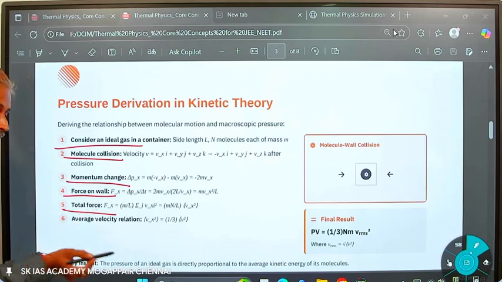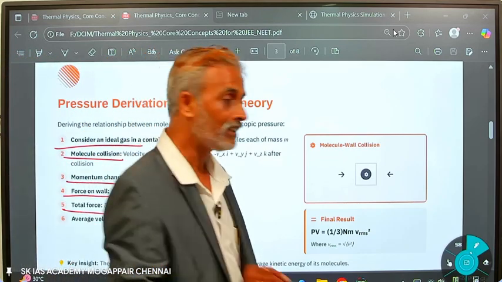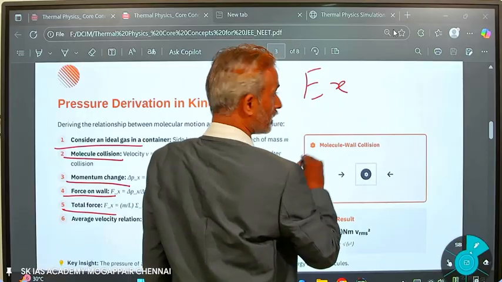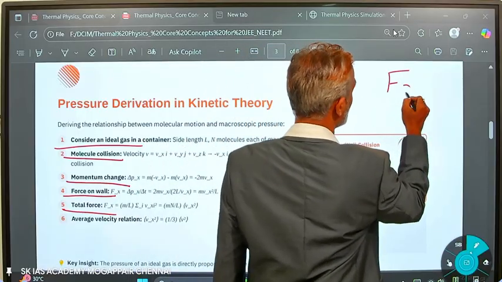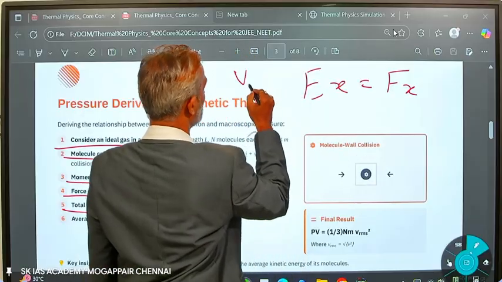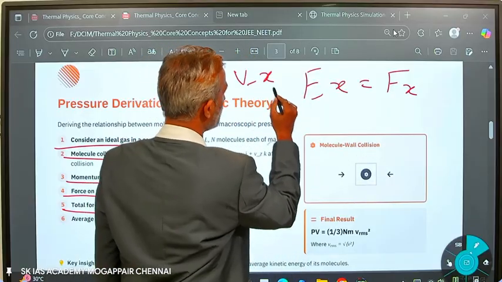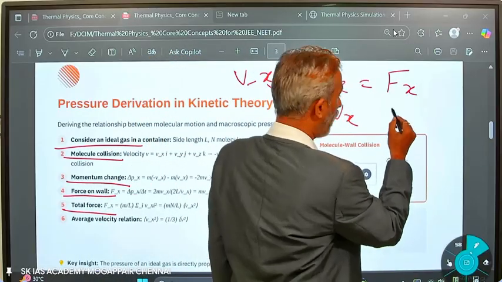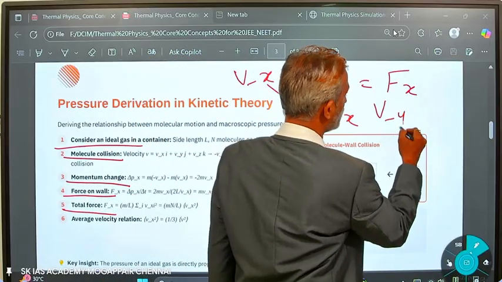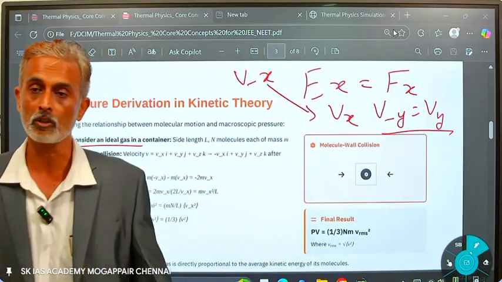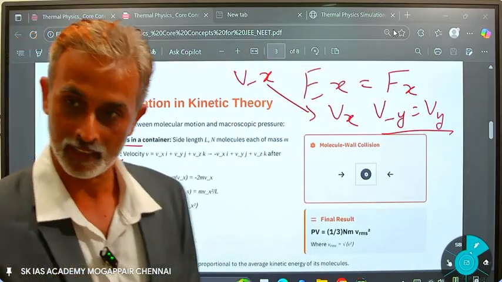And I am asking all of you again and again, don't get confused. This is not minus. This is the V of X. Or you will see V of minus Y, but it is not like that, this is the V of Y. So don't get confused about the writing part.